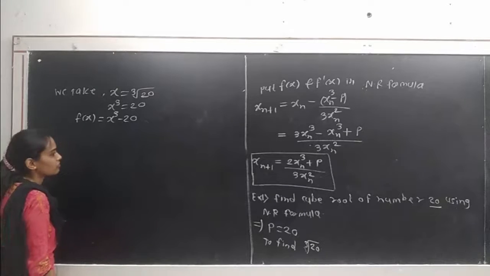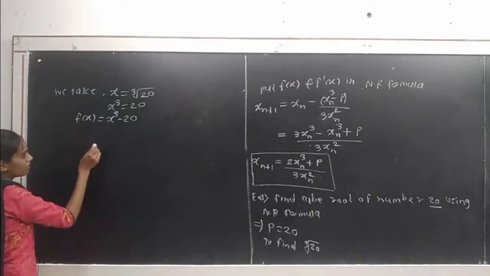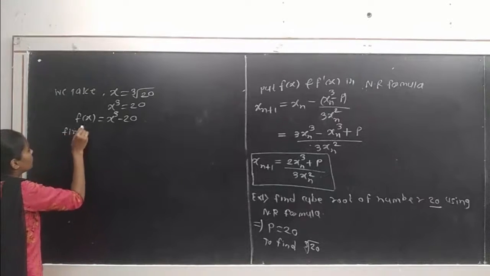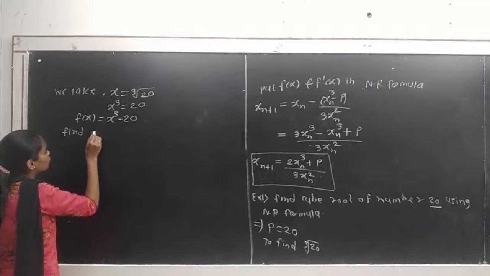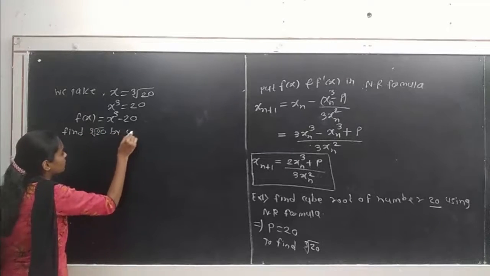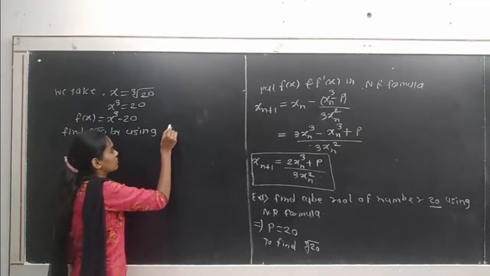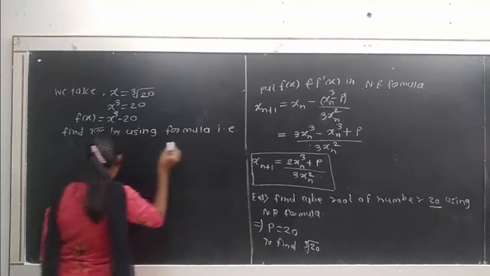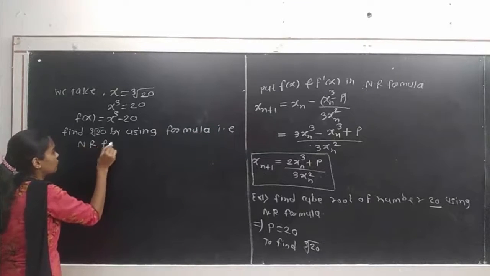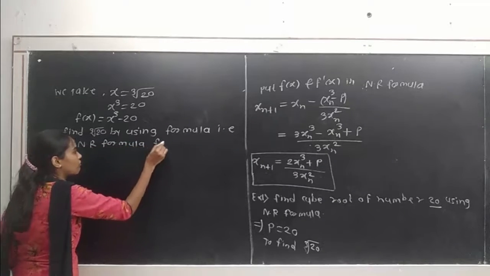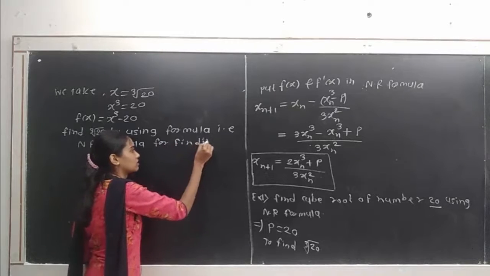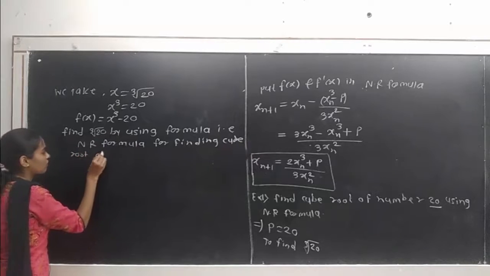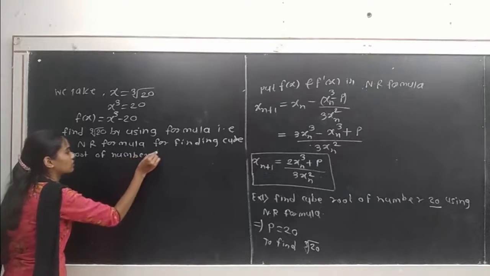So we can find the cube root of 20 by using the Newton-Raphson formula for finding the cube root of number p.